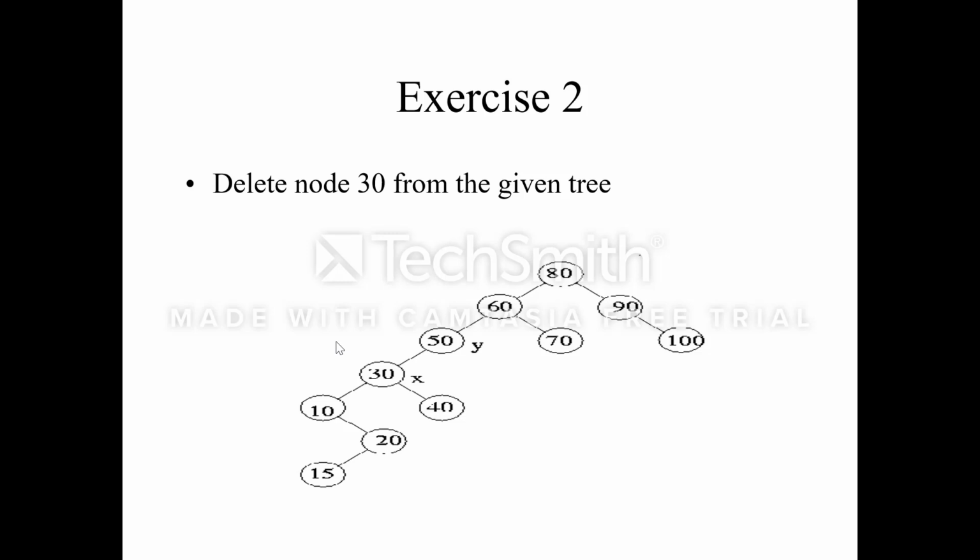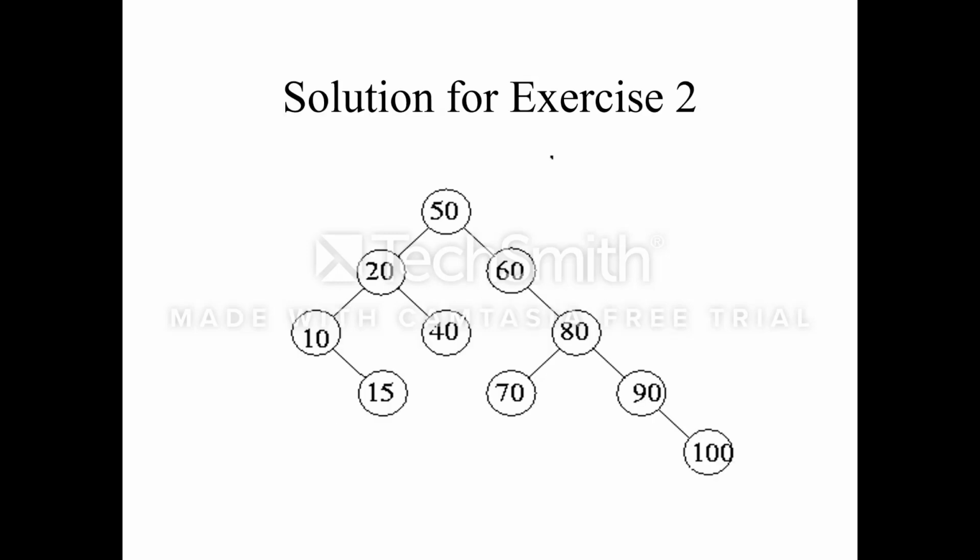Pause your video and perform exercise 2. That is, you have to delete node 30 from the given tree. So you will have to first search for node 30, splay it, bring it into the root node, delete it, and then join the two subtrees. Solution for exercise 2 is shown in the figure.